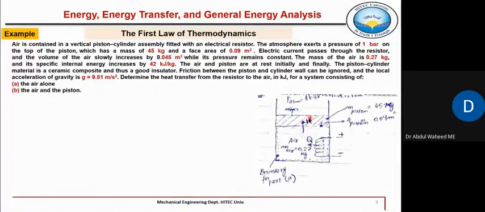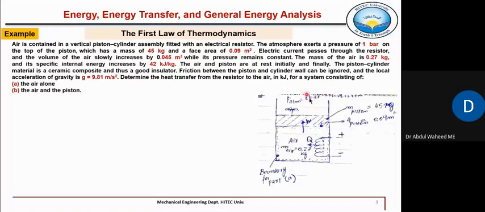This is W. This is the energy crossing the system boundary in the form of work, and this is the heat crossing the system boundary in the form of heat. And there is an increase in internal energy, which is given as 42 kilojoules per kilogram. The surrounding pressure against which this air is doing work is 1 bar.